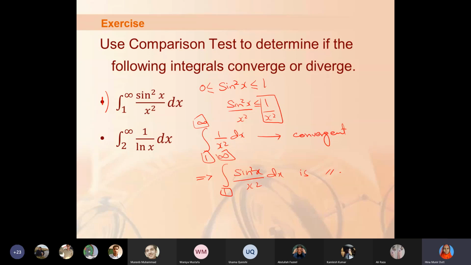Known होगी तो ही आप उसको लेके चलें. जैसे इसकी known थी, you have compared it with a function sin square of x over x square whose convergence or divergence is known to you. Then you proceed further. Then you can apply the comparison theorem. Now what about the second one?